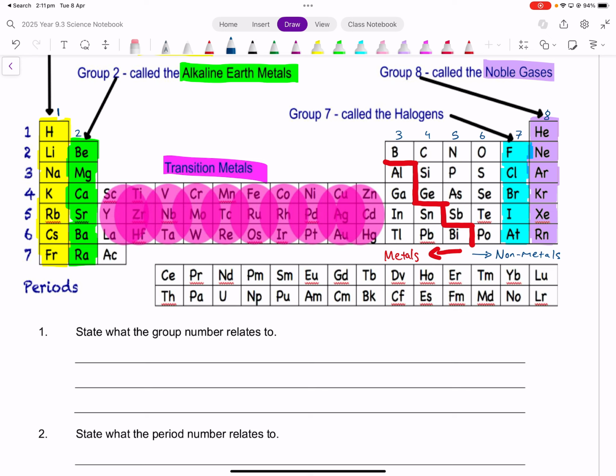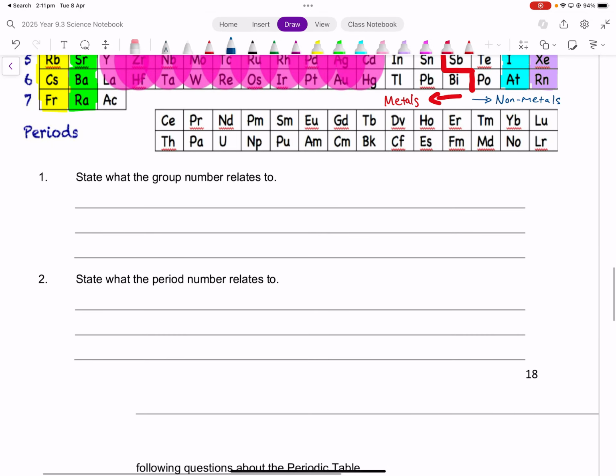In the outer shell of all group 7 elements, they are always going to be one away from having a full valence shell, a full outer shell. If we jump all the way to the opposite end of the periodic table, so we put our finger on the alkali metals now. All of these elements have how many electrons in their outer shell? One.